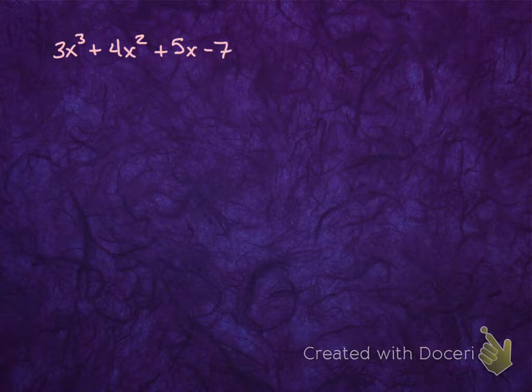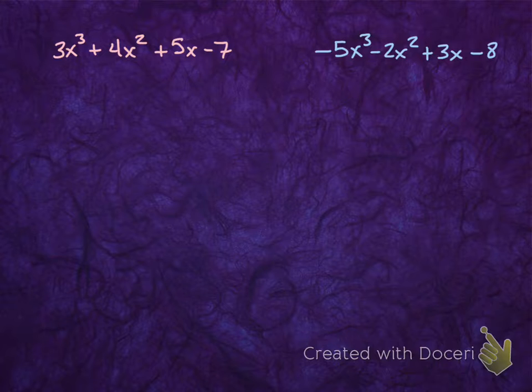And then let's say we have negative 5x cubed minus 2x squared plus 3x minus 8. Okay, so those are our two polynomials, and let's say we're supposed to subtract them.